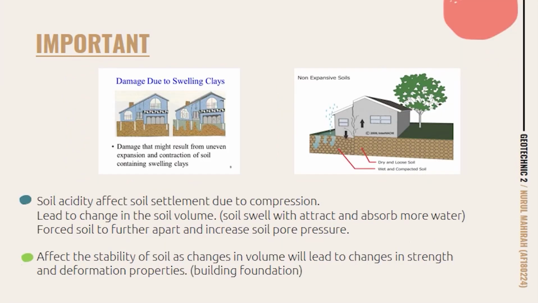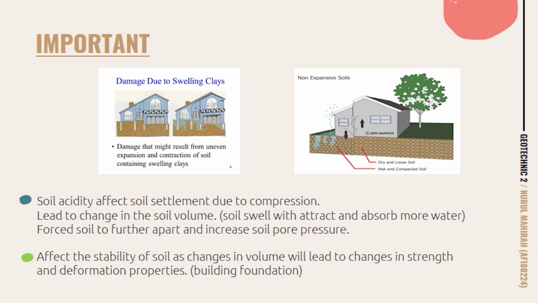Next, it is important to study this problem because construction work that uses soil will also be affected, as it will cause soil settlement due to compression. This is because soil acidity can lead to a change in soil volume because of soil swelling.